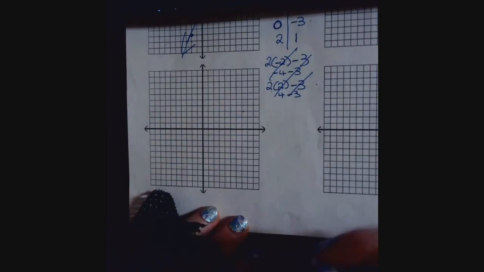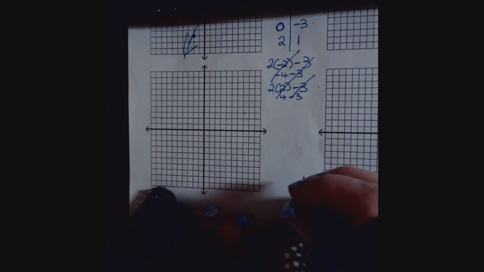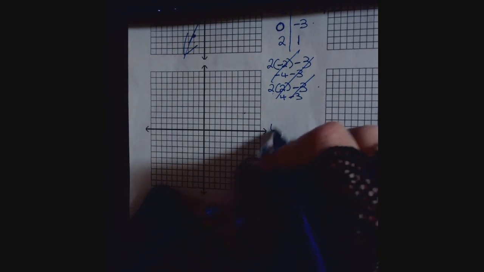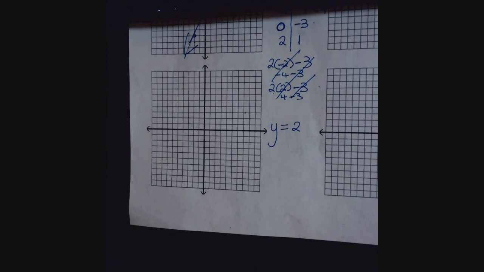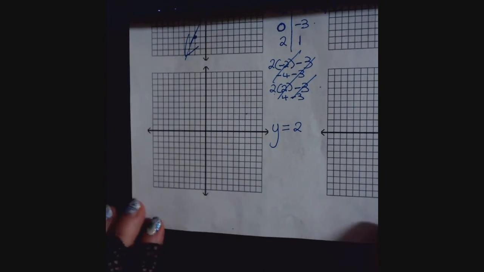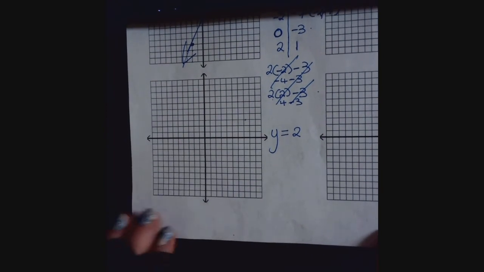So say we have, let's ignore that now, it's from the last problem. Say they want us to graph the line y equals 2. Okay, a lot of people will sometimes have a little bit of a tough time wondering how to graph this. It's actually very simple, but you have to understand it.